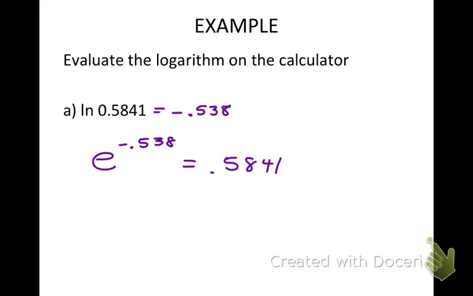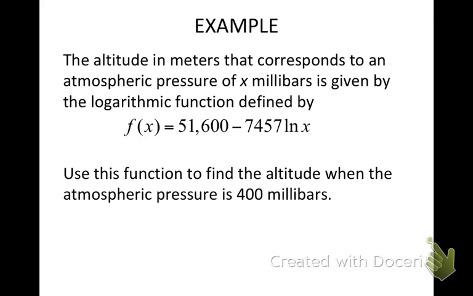Yeah? So now let's look at an equation that has the natural log in it. Here we have the altitude in meters that corresponds to an atmospheric pressure of x millibars is given by the logarithmic function defined by such. So f of x is equal to 51,600 minus 7,457 natural log of x.